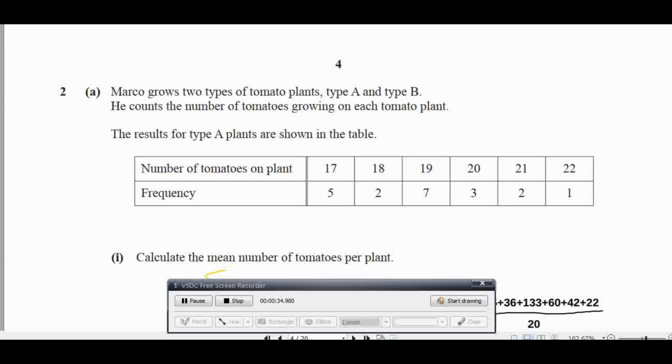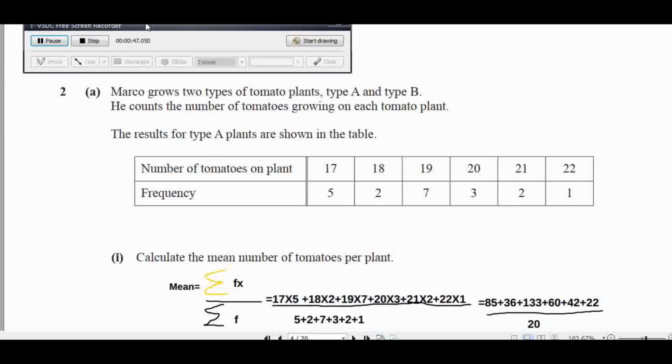Question number 2 is about statistics. This is about the mean and also about the cumulative frequency curve.